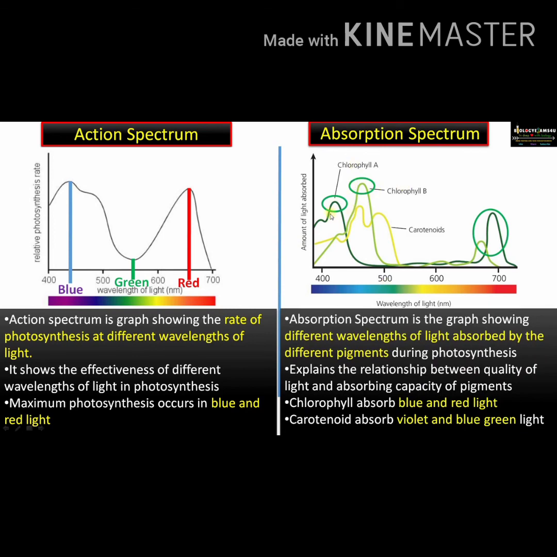From the graph it is clear that chlorophyll A shows maximum absorption at the blue and red regions. The action spectrum also indicates that photosynthesis is maximum in the blue and red regions. In this way, chlorophyll A is considered the chief pigment in photosynthesis, while carotenoids show maximum absorption at violet, blue and green light.